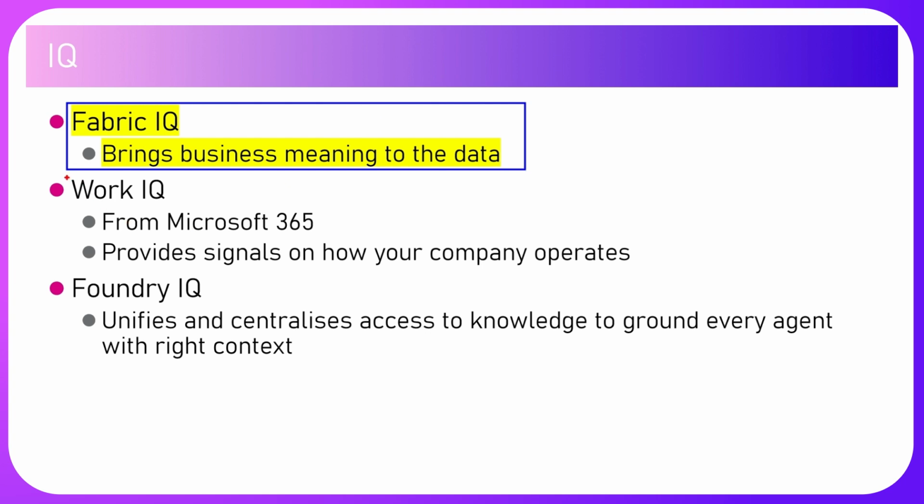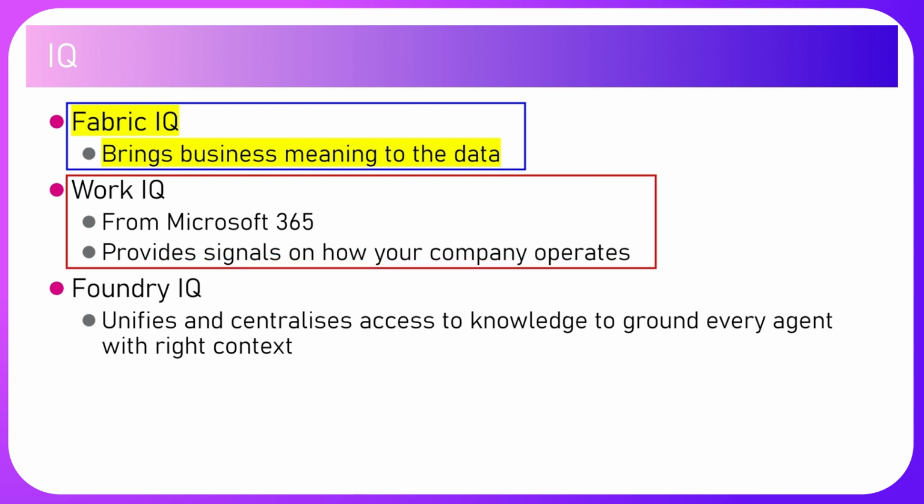Work IQ, when you think about Work IQ, it's all about Microsoft 365 services. It provides signals on how your company operates, and basically it provides context to the users. It understands the user's preferences, tone, the way the user interacts, the frequent collaborators, and it provides that context.